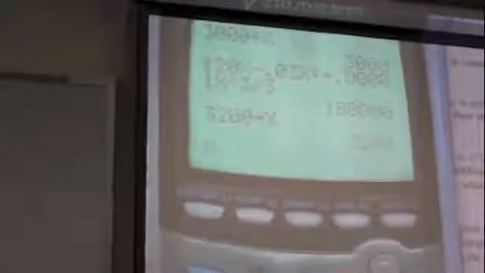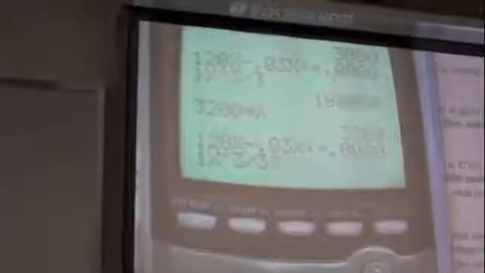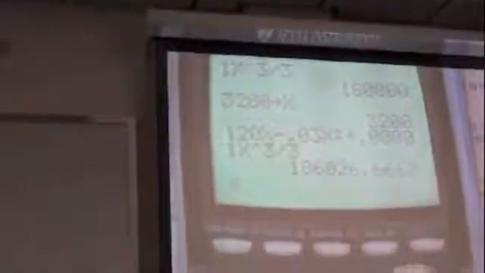So now my calculator thinks every time I type x, it's 3,200. I'll go second enter, bring back up the expression. And when I do that, 3,200 evaluated into this is going to give me 186,026.